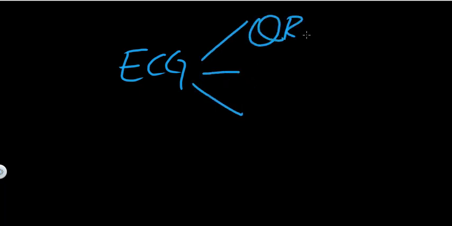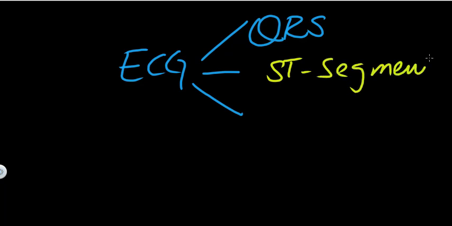This is Dr. Maaz Qureshi, and as this is the second part of the ECG series, we are going to be talking about the QRS complex. We are going to be talking about the ST segment, and in the end, we are going to have some bonus items, but before that we are going to be talking about the T-wave.